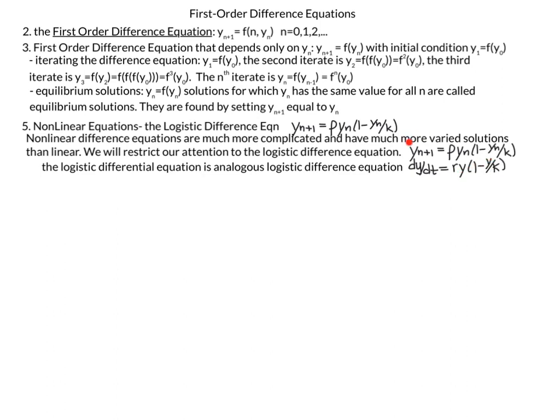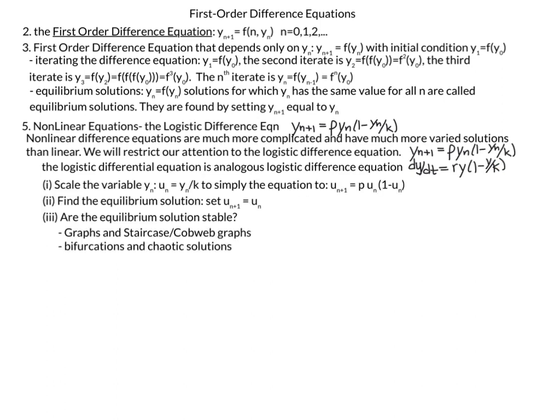The change here corresponds to y_(n+1). The rho and the r are a rate of growth. We have our y_n and then y_n over k, where k was the carrying capacity. To look at our logistic difference equation, we're going to be looking at where we have stable equilibriums.